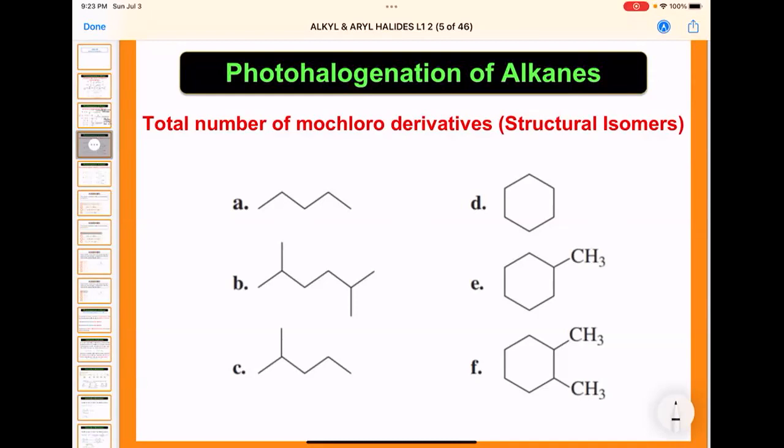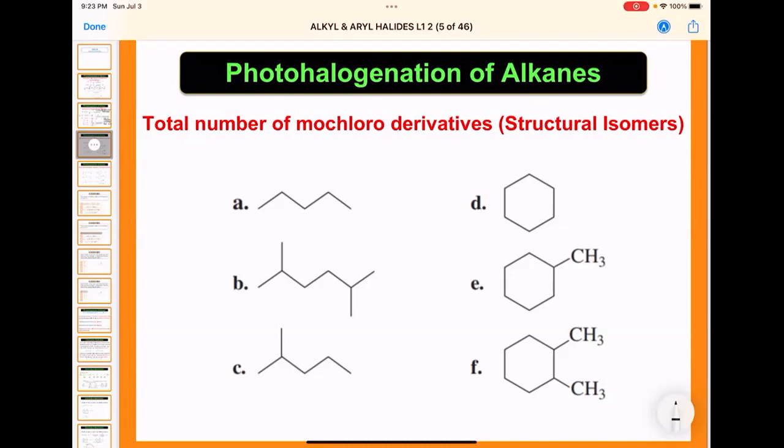But if someone asks you how many monochloro derivatives you can get, this is a very common question asked in all examinations. How many monochloro derivatives are possible if you carry out the photohalogenation of a given alkane?